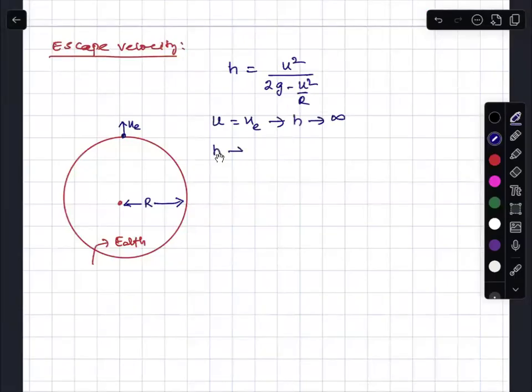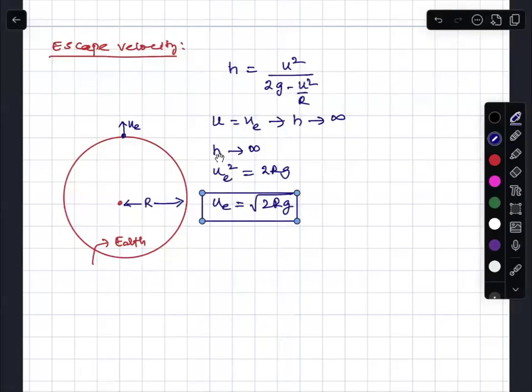If H is tending to infinity, it is possible only when u_e² is 2Rg, and u_e is root 2Rg. Remember, when you project at this speed, total energy is just equal to 0. This velocity is called escape velocity, and this is nearly 11.2 kilometer per second.